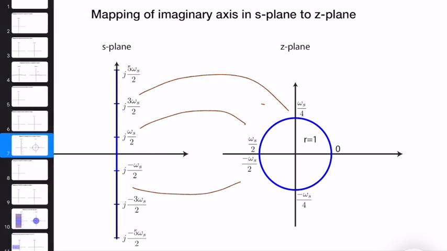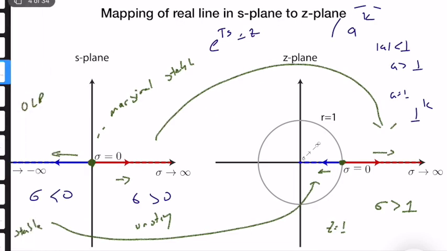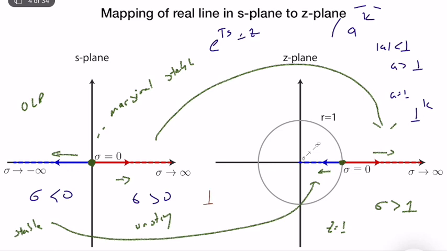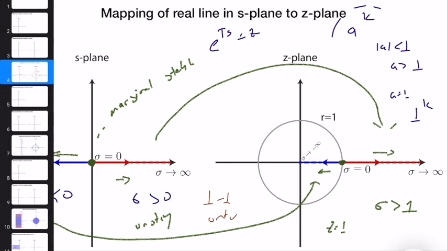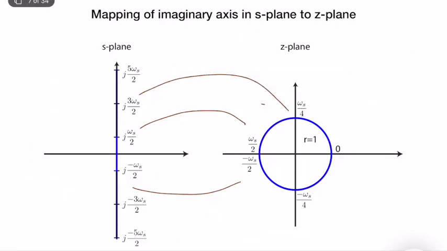So when we are mapping the real axis, this is a one-to-one and onto mapping. But here, this is not a one-to-one mapping. It's a many-to-one mapping. It's onto because we are technically covering the whole unit circle. But this is infinite dimension, this is finite dimension. It's one of the problems.